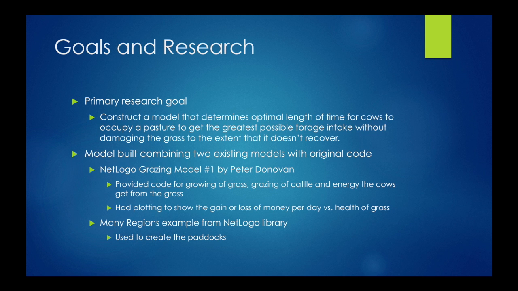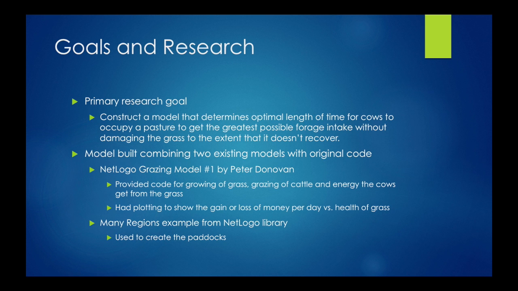So our primary research goal for this project was to construct a model that determines the optimal length of time for cows to occupy a pasture to get the greatest possible forage intake without damaging the grass to the extent that it doesn't recover. The model was built combining two existing models with original code written by our team members.